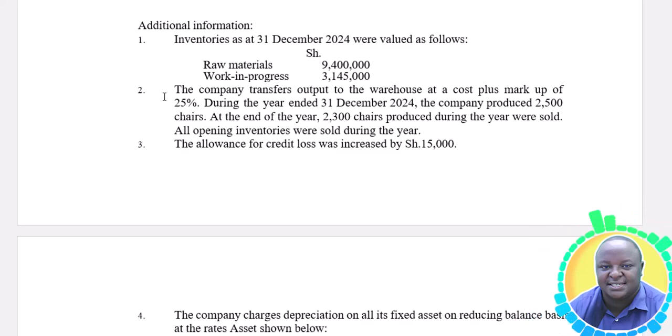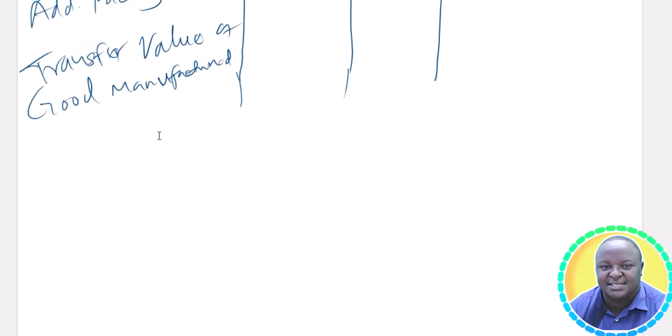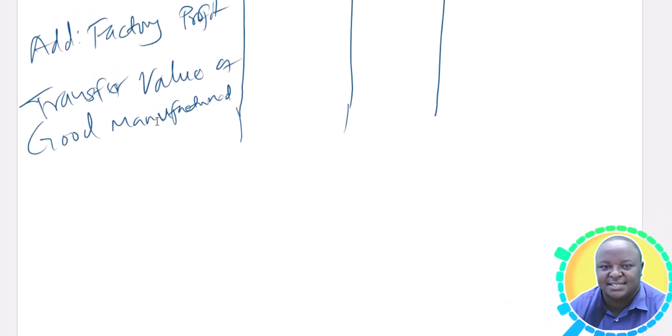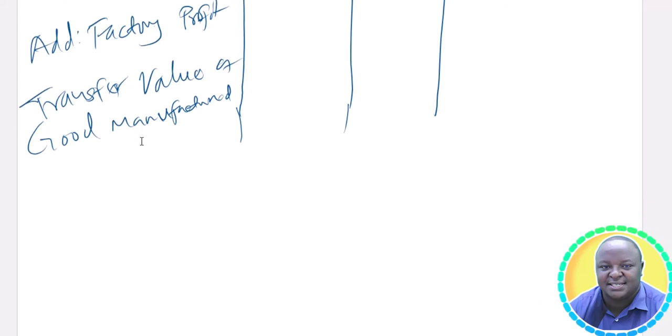All opening inventories were sold during the year. So we have been given the cost plus markup of 25%. For us to get the transfer value of goods manufactured, we take 100% plus 25% markup, that will be 125%.